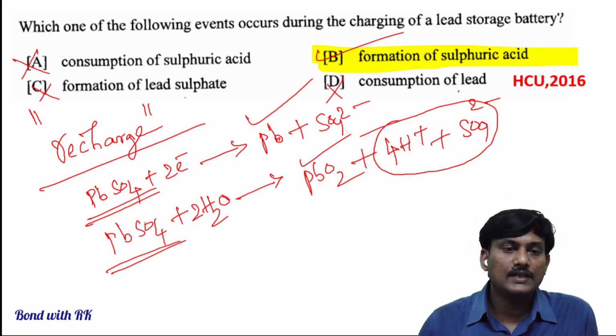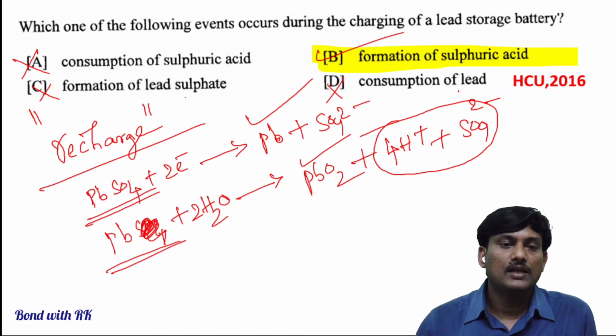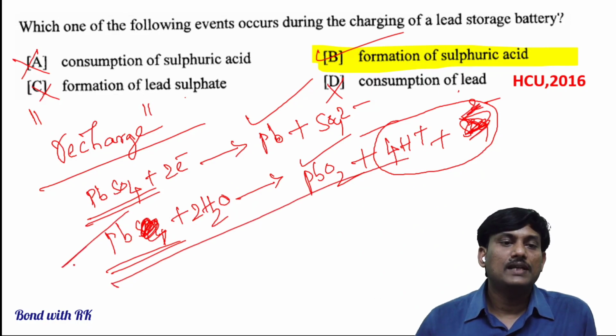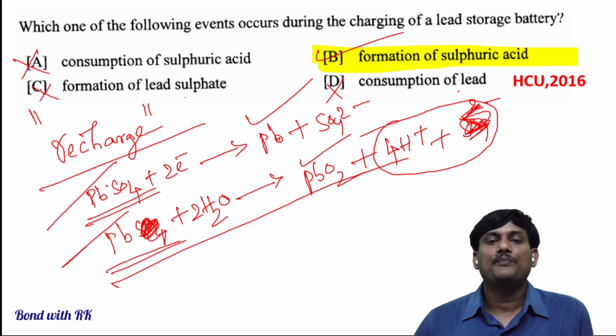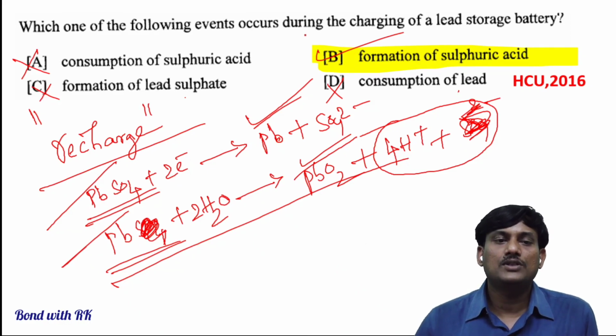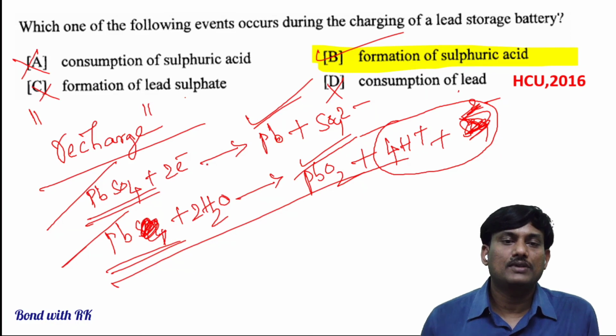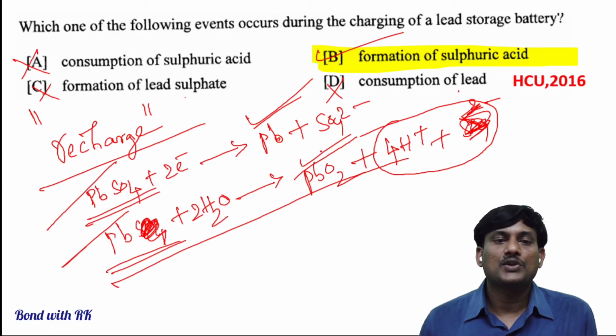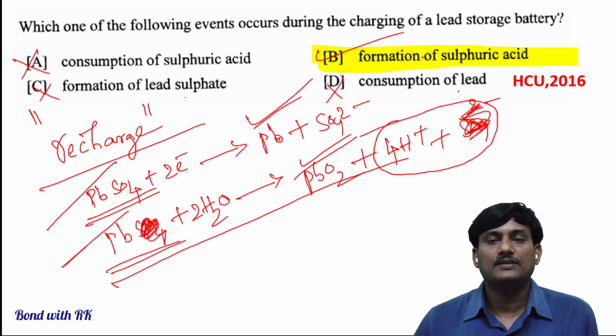Lead sulfate plus 2H2O gives rise to PbO2 plus 4H+ and electrons. This is the correct one. So there is a consumption of lead sulfate, and a formation of lead dioxide and sulfuric acid during charging. If you take discharge, the reactions will be reversed to the recharge. So the correct option is formation of sulfuric acid.